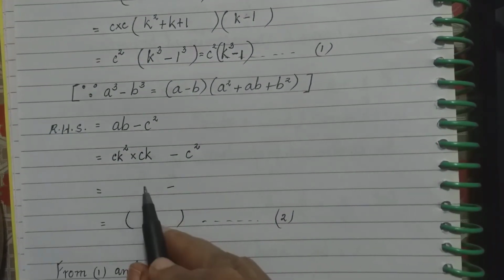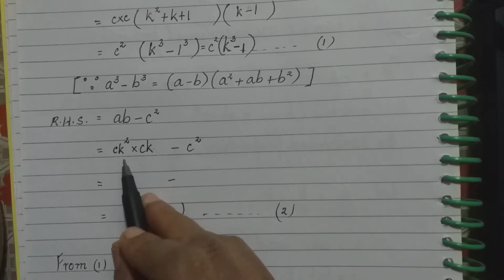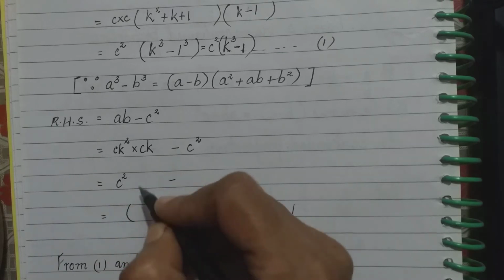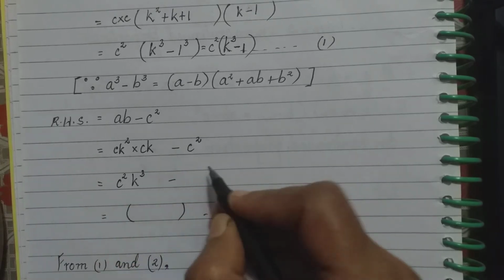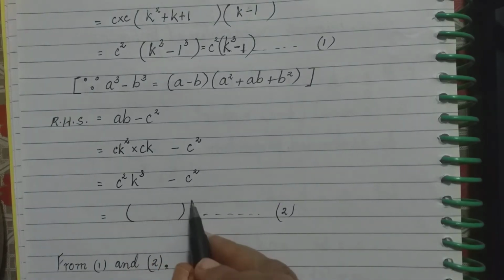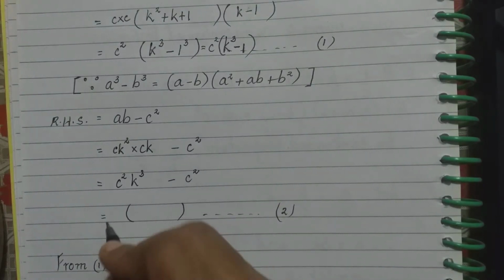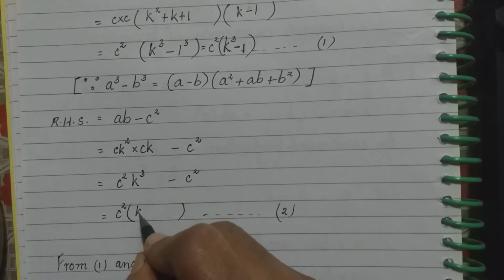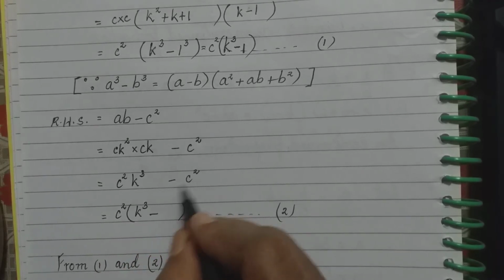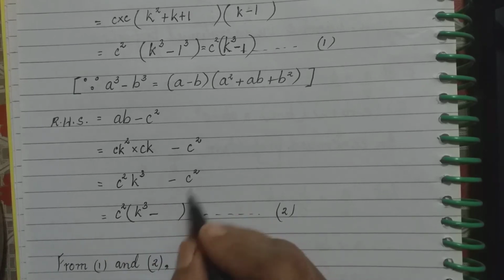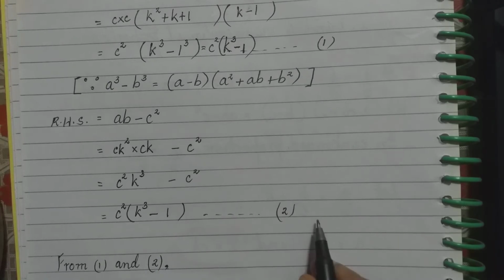Now I will multiply this. So c into c will be c square. K square into k will be k cube minus c square. Now I see in both these terms c square is common. I take c square out. What is left? K cube minus, if c square goes, this is c square into 1. C square is gone out. What is left? 1. So this is 2.